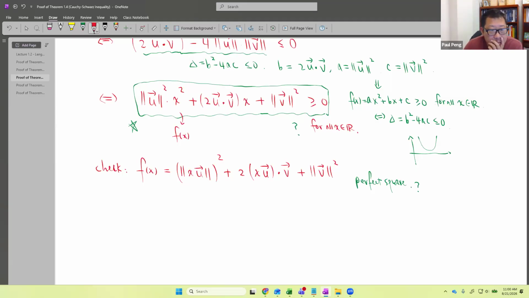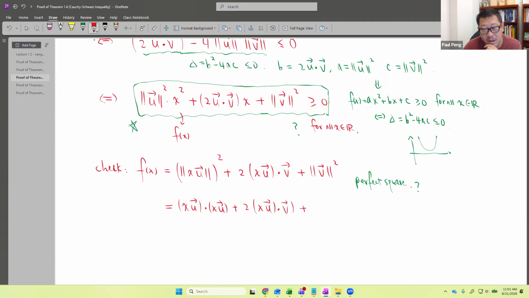It is true because it is squared, which means xu dot xu, you can see, right? And now plus 2 times xu dot v.